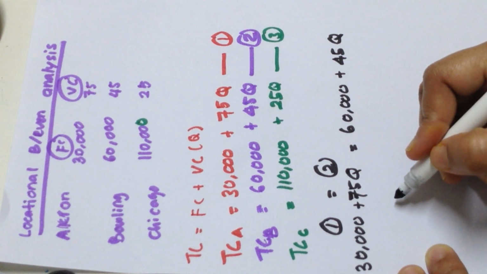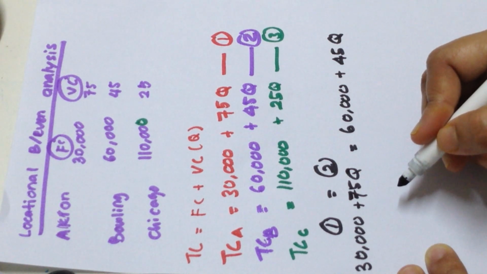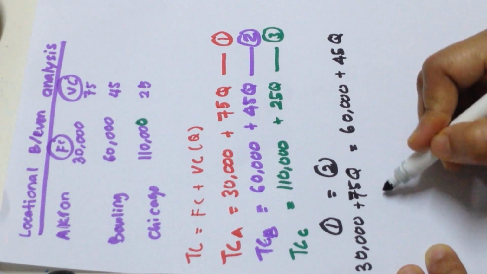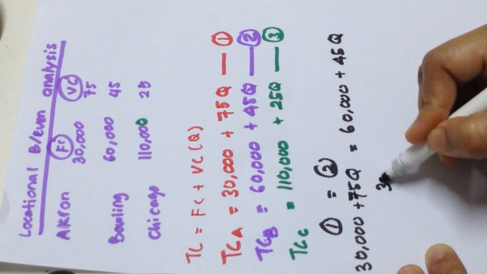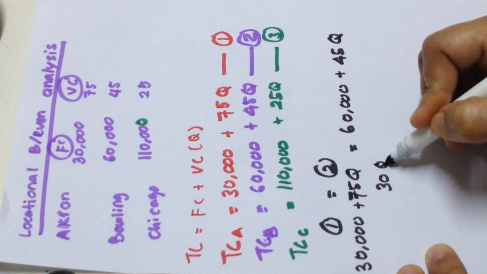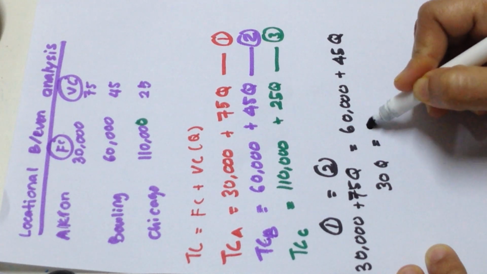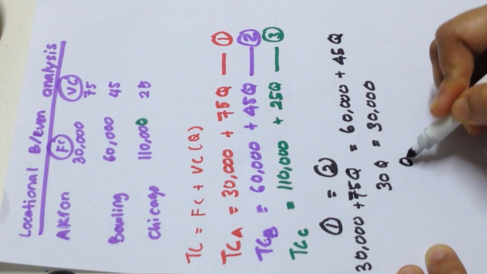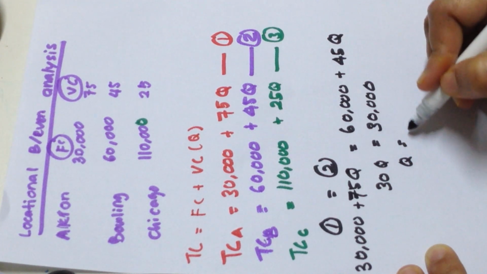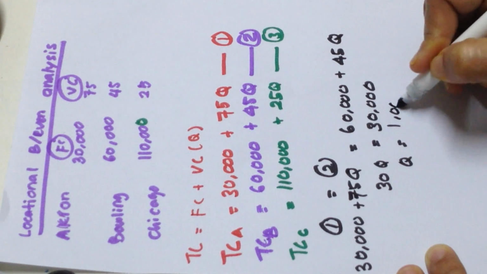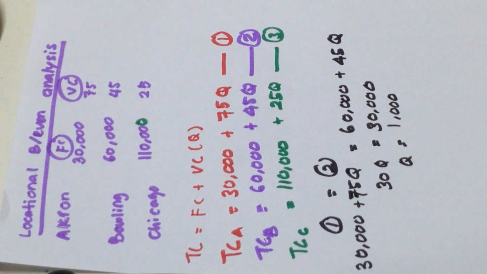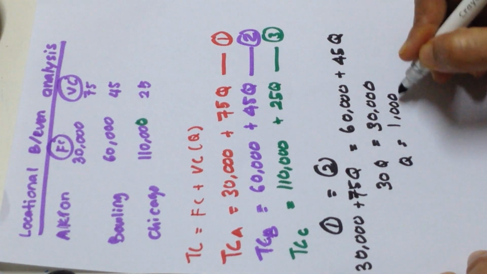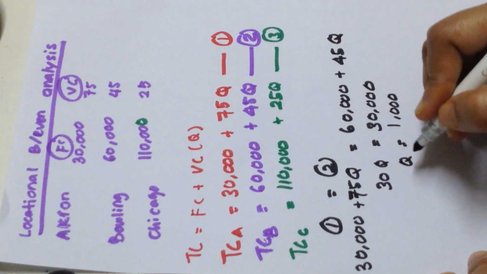Alright, so we will have here 30Q equals 30,000. So Q, you may use X or Q, any other sign to stand for quantity.